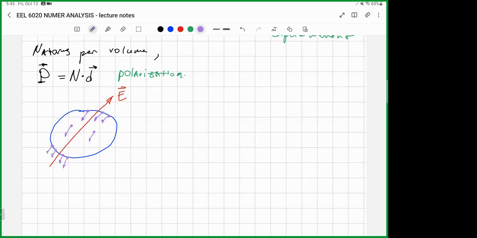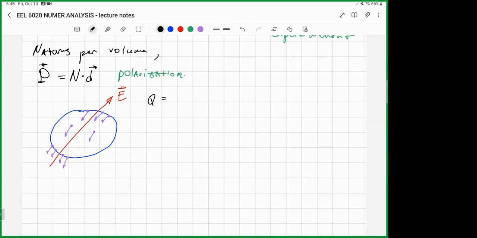Okay, of course the total charge of this won't change, because the number of electrons that go inside of this volume is equal to the number of electrons that go outside of this volume. But for the number of electrons that go out, we can write the total charge of these electrons.